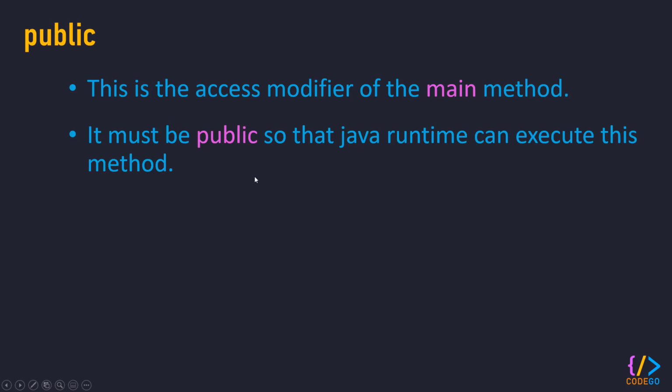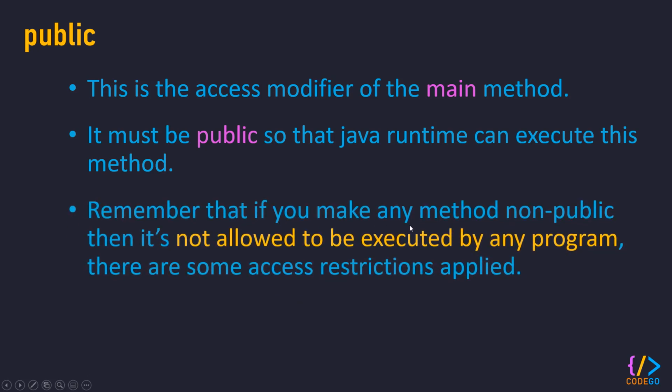Sinabi po natin kanina, yung main method po natin is static. Hindi po natin basta-basta pwede palitan. Remember that if you make the method non-public, then it's not allowed to be executed by any program. Kung papalitan po natin yung public natin, it will not be allowed to be executed by any program. There are some access restrictions applied.